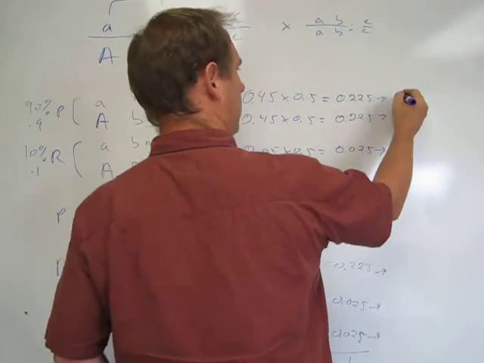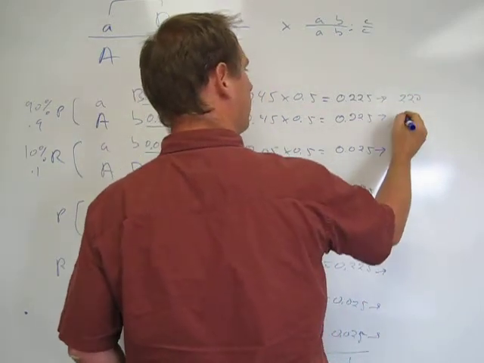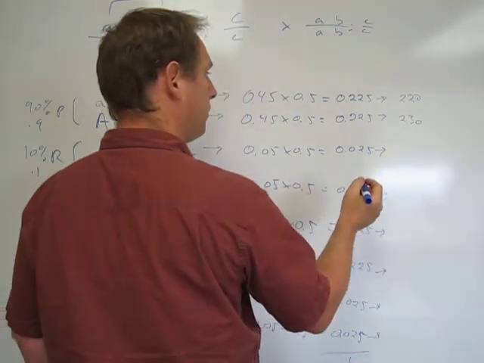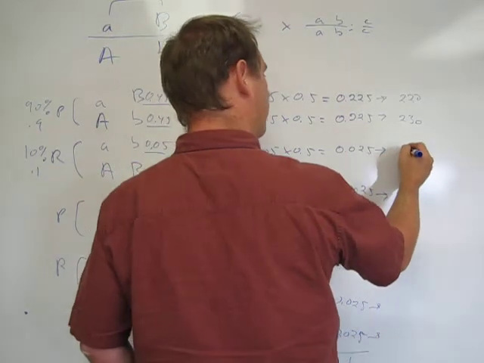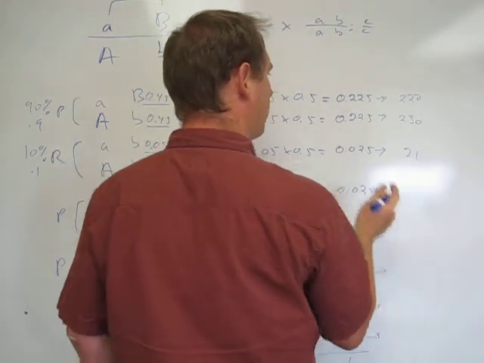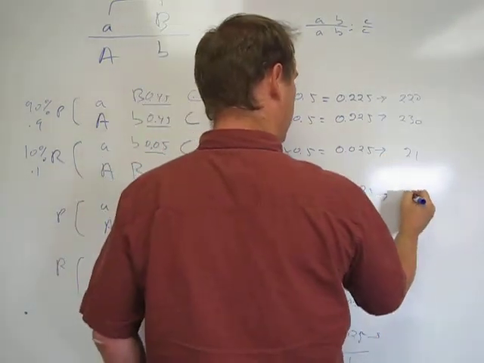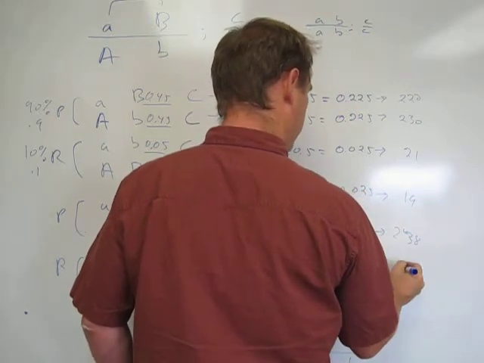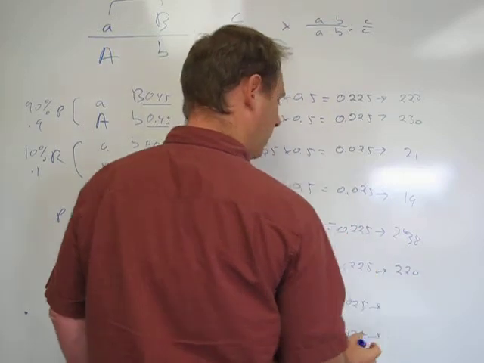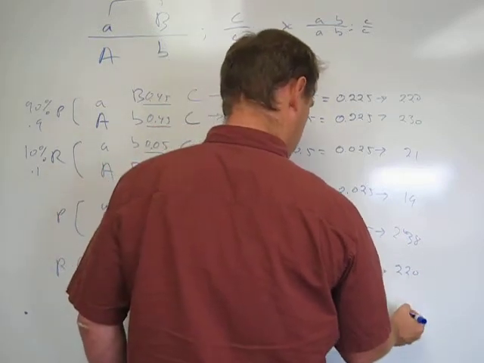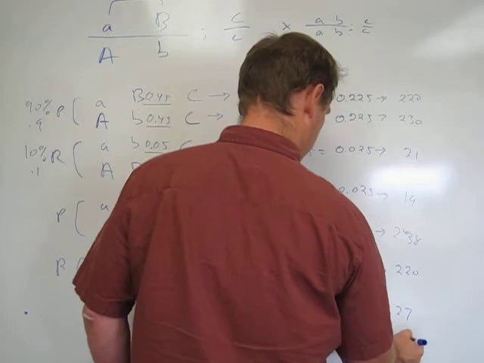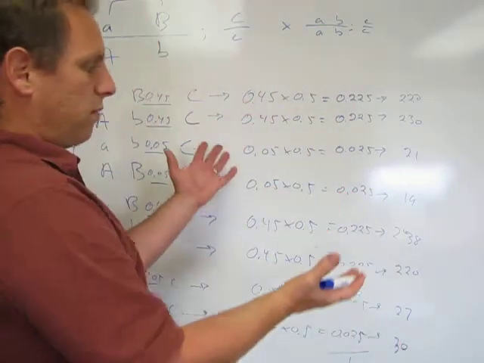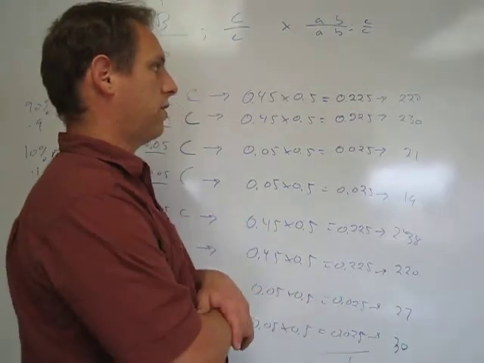This could be 220, and this could be 230, and this could be 21, and so on and so forth. 19, 238, 220, 200, 27 and 30 or something like that. That might be what real data looks like, and then you'd actually calculate the frequencies.